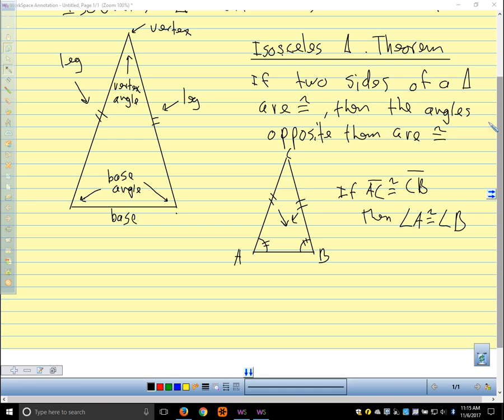And the converse is true also. Remember, the converse just means we go the other direction. The converse says if we know the two angles are congruent, then the two opposite sides have to be congruent.